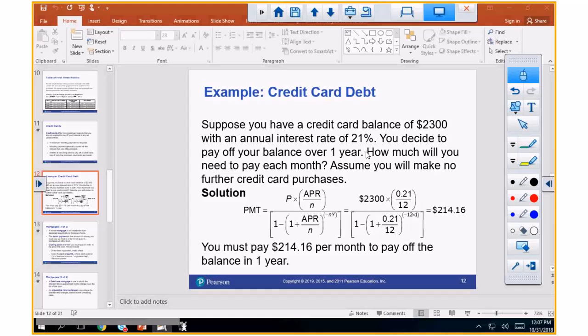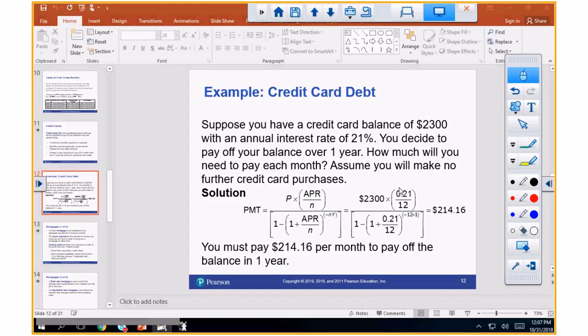So do this one. Suppose you have a credit card balance of $2,300 with an annual rate of 21%. That's right, 21%. Now, as soon as you get one of those bad cards, that's not only an annual interest rate, it's also a monthly interest rate.